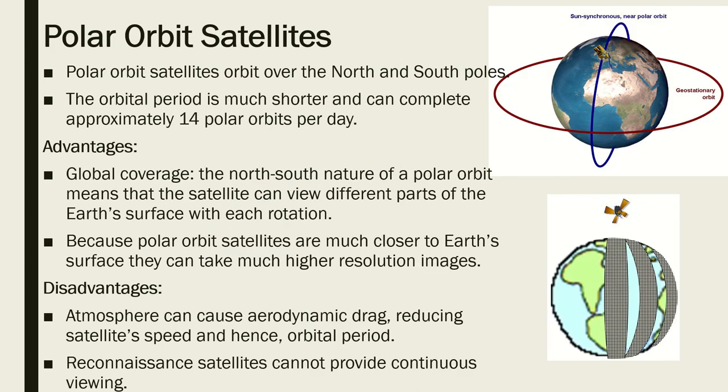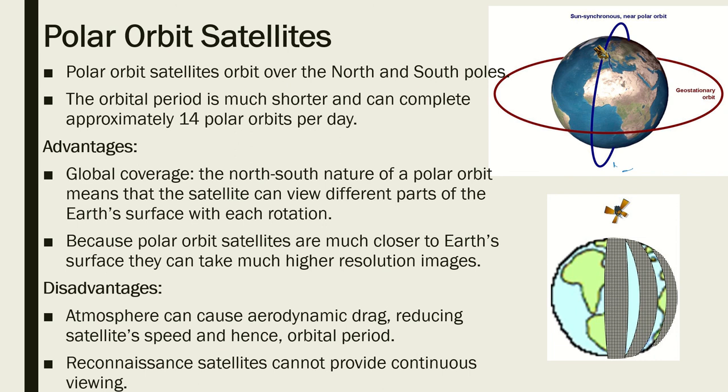Now, the other type of orbit is a polar orbit, or a polar orbit satellite, and these orbit around the north and south poles. You can see this blue arrow here. Now, they're much closer to the Earth's surface, and because of that, they don't need to match the Earth's period, right?